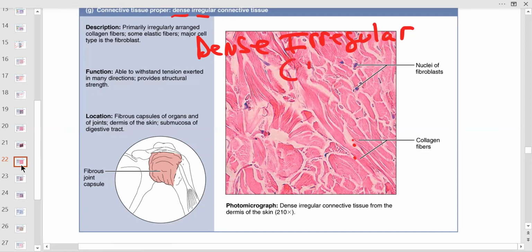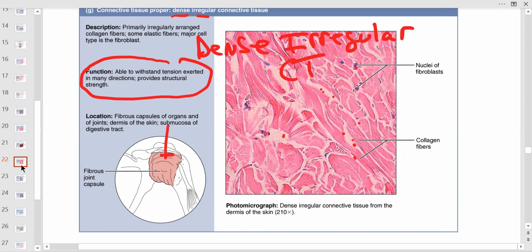And this is CT, connective tissue. And same thing, you got fibroblasts laying down collagen fibers. You have the ground substance. There's less space, though, in the dense regular ones, even though this has more ground substance in between the collagen than dense regular does. And that's able to withstand movement in many directions, like a joint capsule.